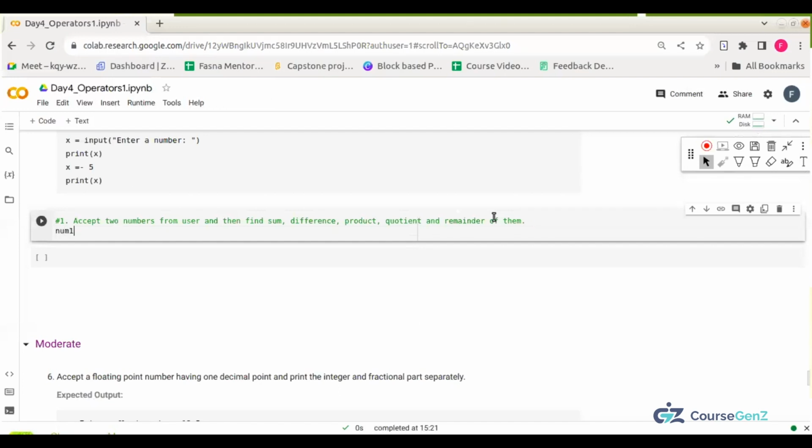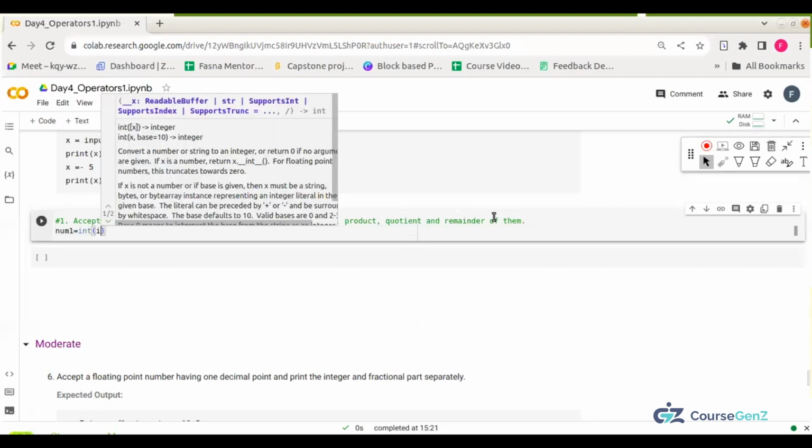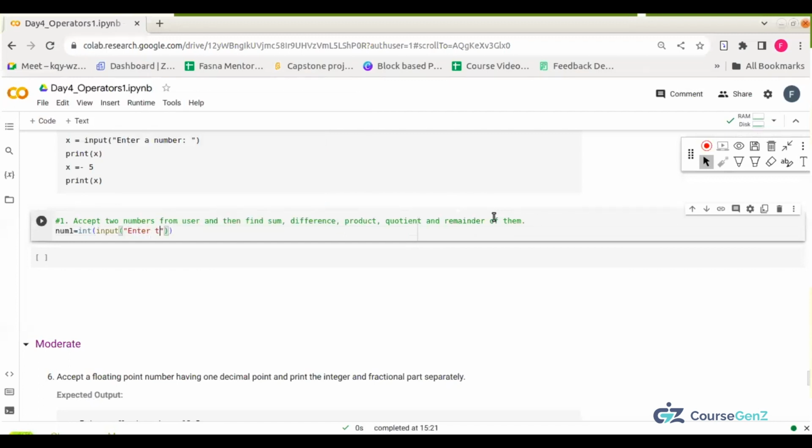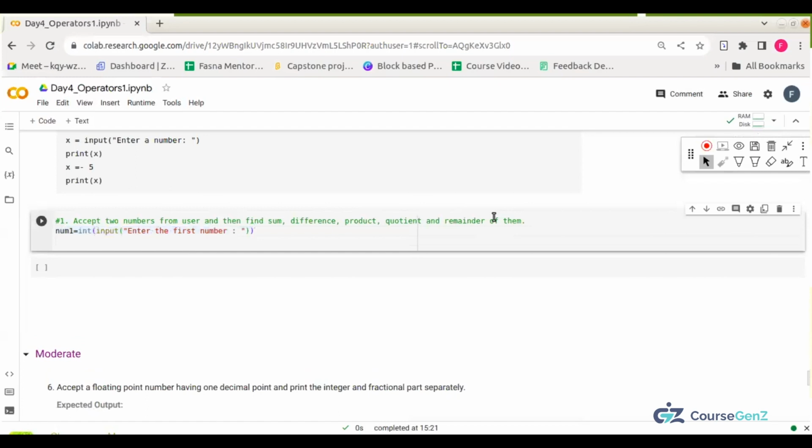So number 1 is equal to int of, what is the keyword? Very good. We have to use input. Enter the first number. Then let's try doing the same for the second number also.